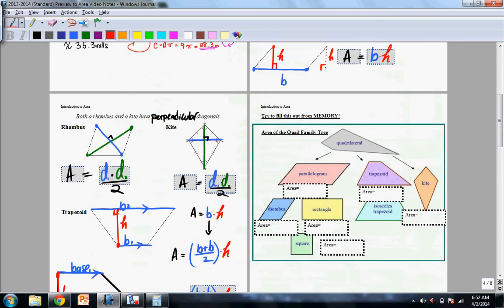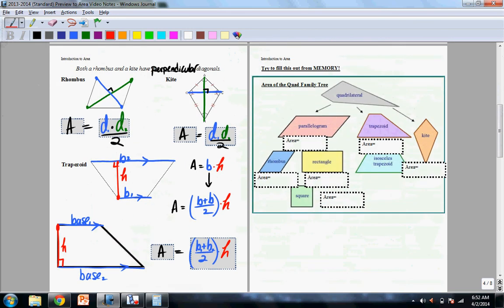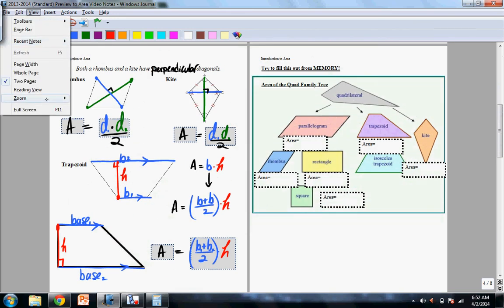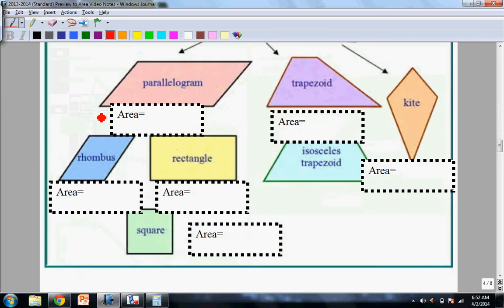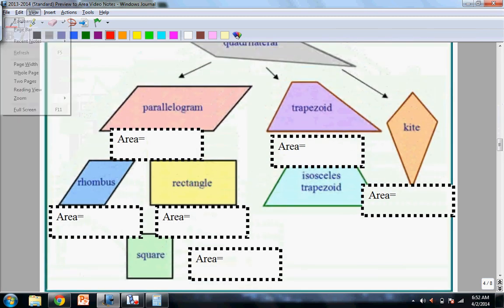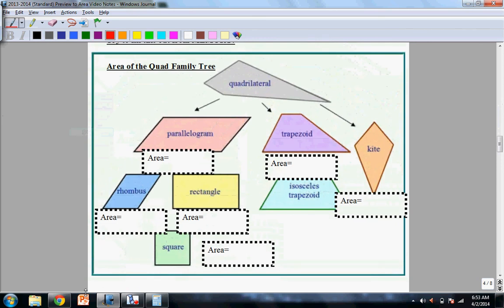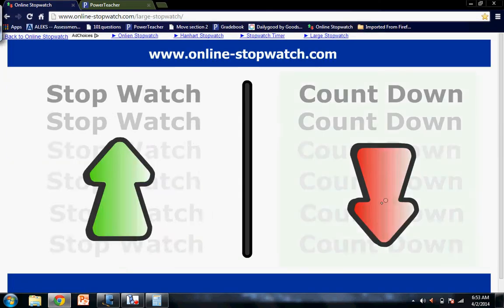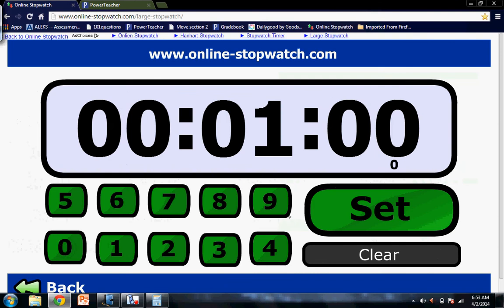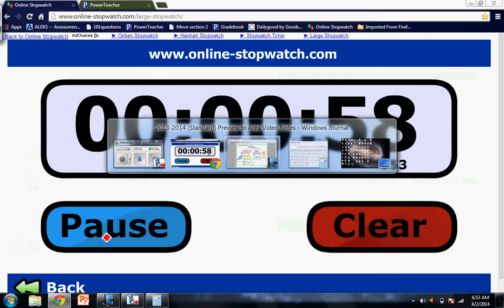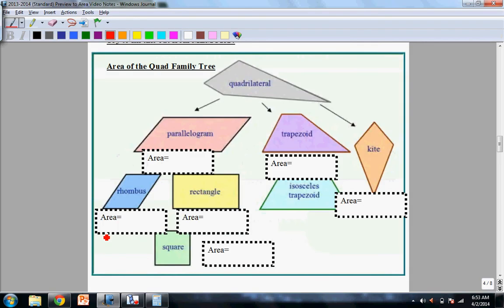Do a little test. See if you can fill these out from memory. I'm going to set the timer for 1 minute. Ready? Go.